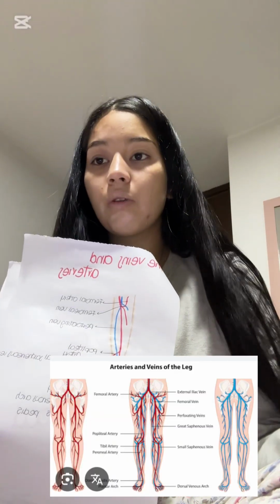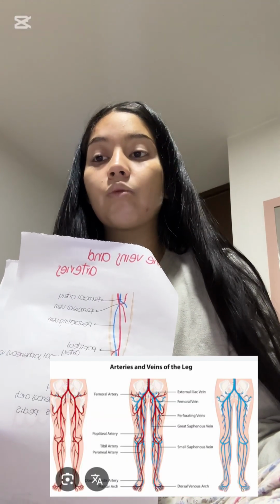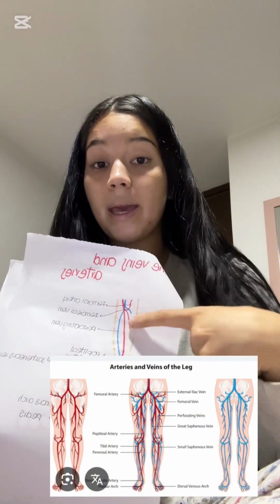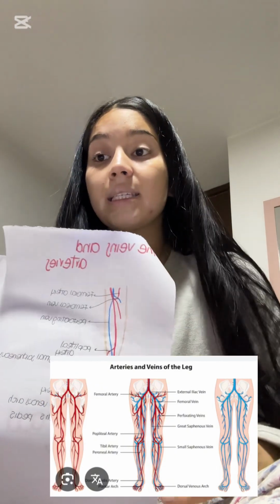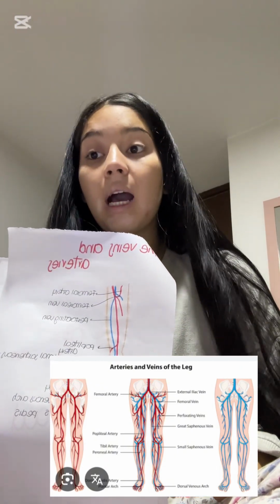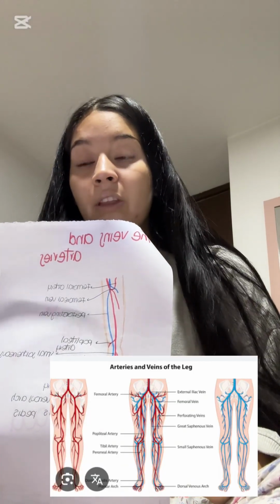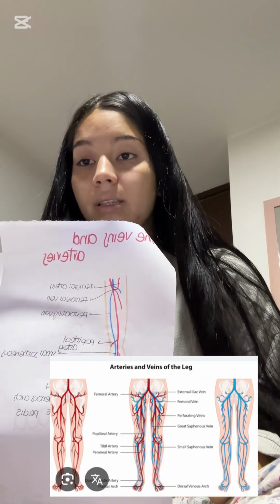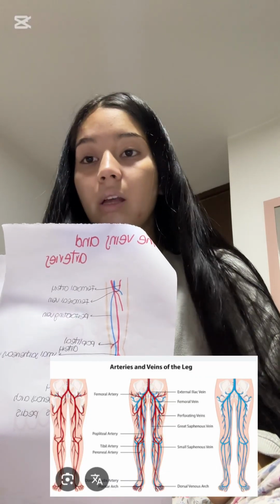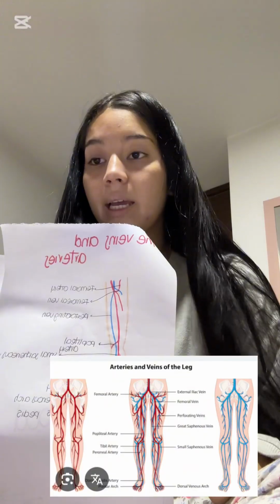Finally, let's look at the venous system. Superficial veins include the great saphenous vein and the small saphenous vein. The great saphenous vein, the longest vein in the body, runs medially up the leg.